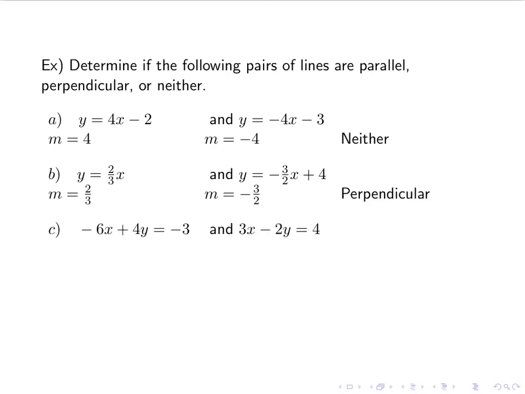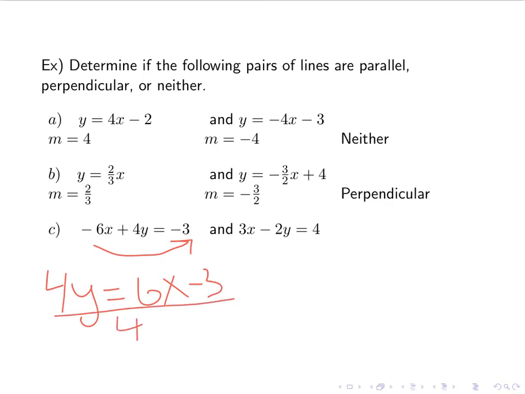Negative 6x plus 4y equals negative 3, and 3x minus 2y equals 4. These two lines are both in general form, and in order to find their slopes, we're going to put them into slope-intercept form. And what that means is we're going to solve for y. So in my first one, I'm going to bring the 6x over and get 4y equals 6x minus 3, and then divide everything by 4.